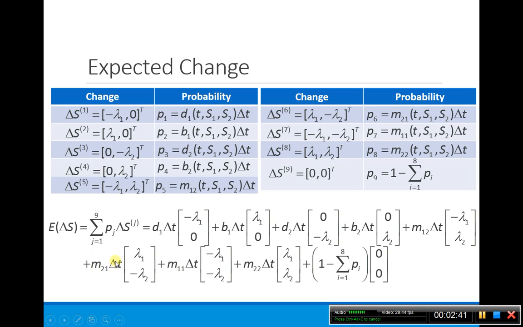Then we have our M21 delta t times this vector lambda 1 minus lambda 2, plus M11 delta t times this vector minus lambda 1 minus lambda 2. And then we have our M22 times the vector lambda 1 lambda 2, and then 0 times 1 minus the sum of all of those.